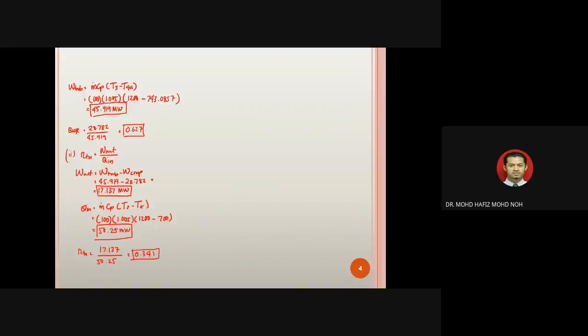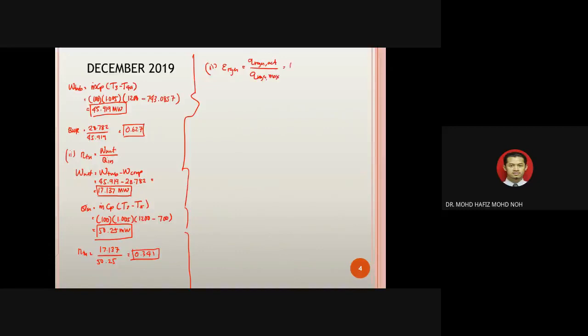Okay guys, right. So now we enter the last question, number 3. They want to calculate the value of effectiveness of regeneration. The formula for effectiveness of regeneration basically is equal to Q regeneration actual divided by Q regeneration maximum.